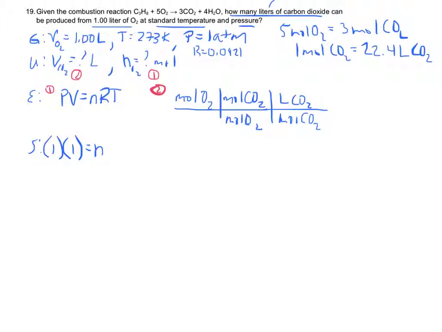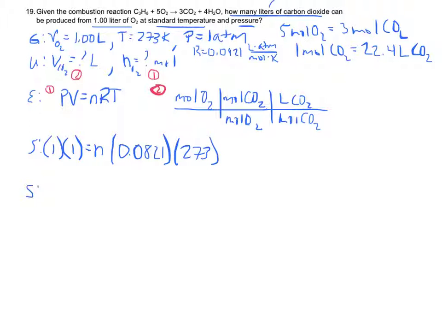And remember, that's liters atmospheres per mole Kelvin. I apologize, I forgot to write that down. You always realize it when you go to start plugging stuff in that you don't have a number written down up there. 0.0821 is our gas constant, and our temperature is 273 Kelvin.